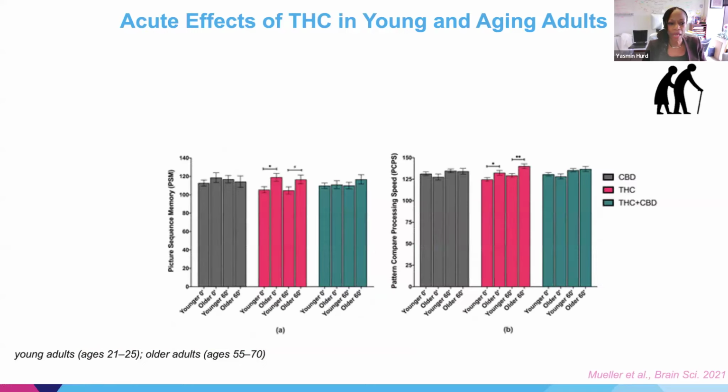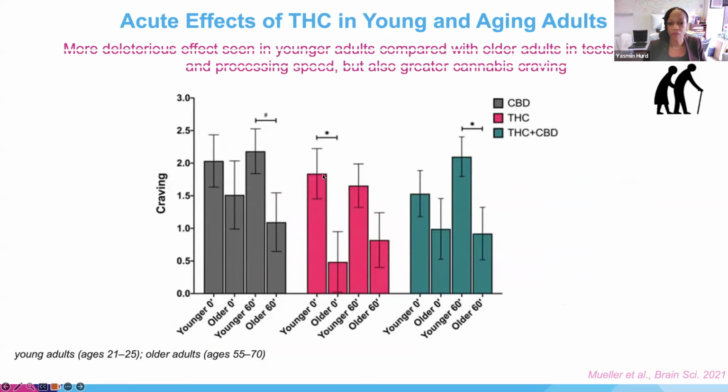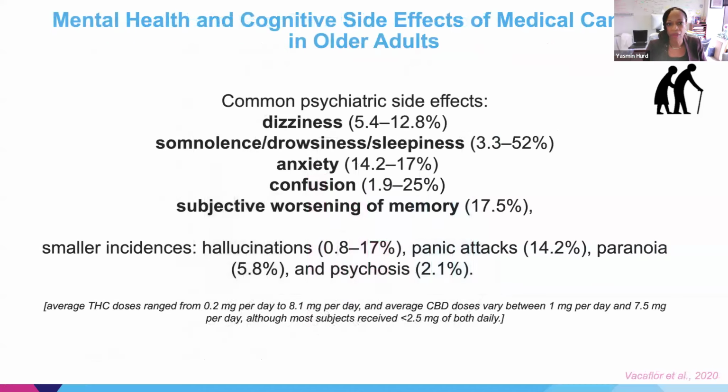When you look at their cognition, in a memory test, interestingly, older individuals show improved cognition compared to younger. But the younger individuals show much greater craving with THC products. So there are more deleterious effects seen in younger individuals as compared to older, and there's also an impact of craving that you see more in young people.